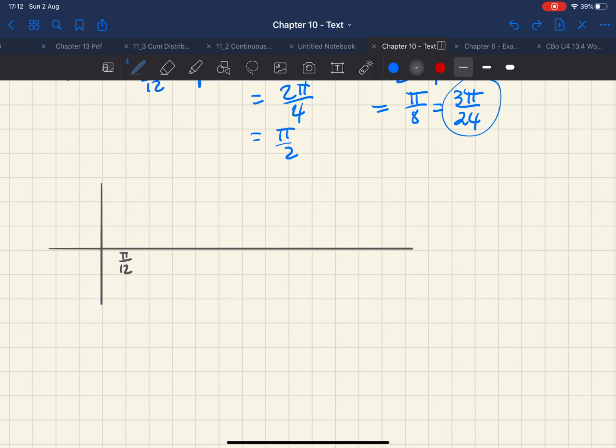We'll have to go in 2s, I think. Undo. Rubber. We'll have to say this is 2 pi over 24. No, let's go in 3s. I'm going to say 3 pi over 24. I'll have 6 pi over 24, 9 pi over 24, etc.